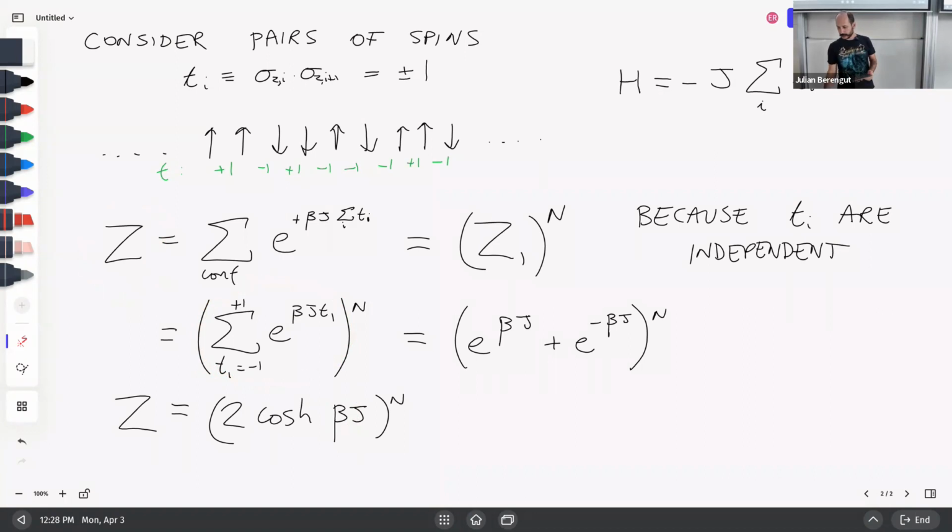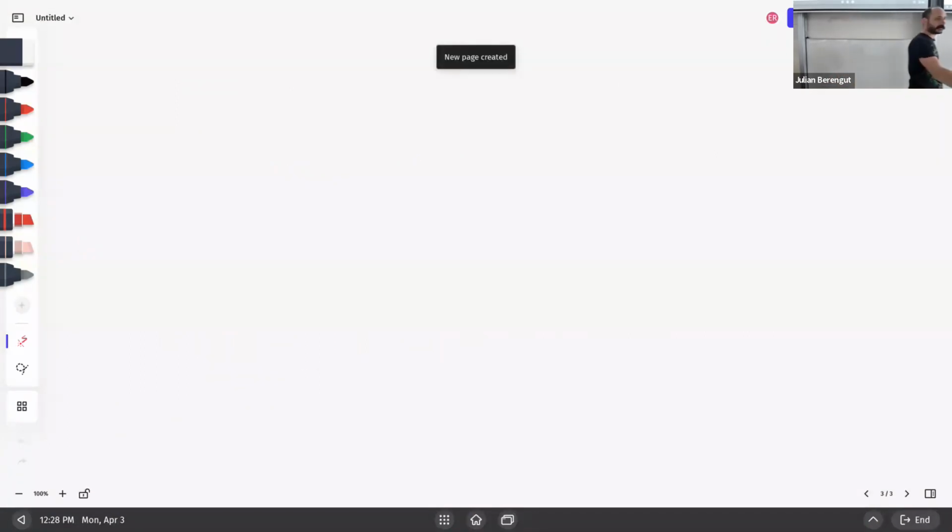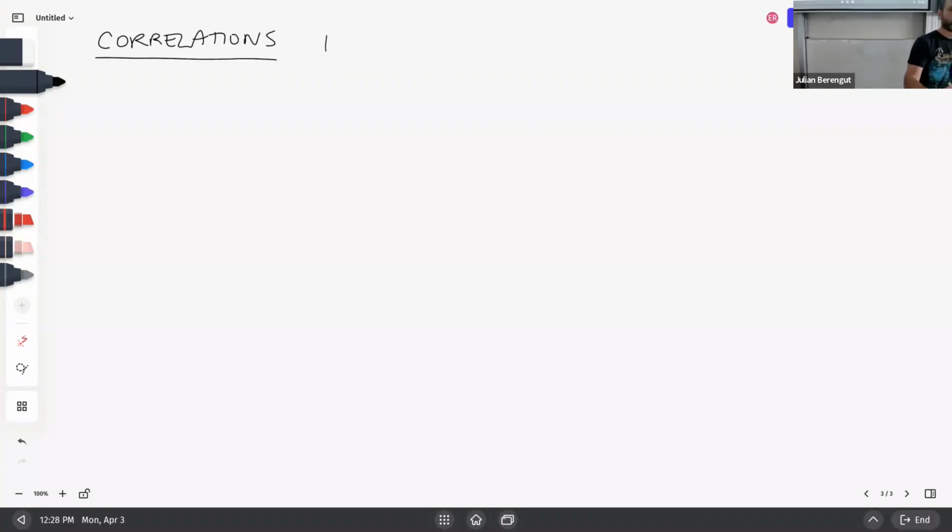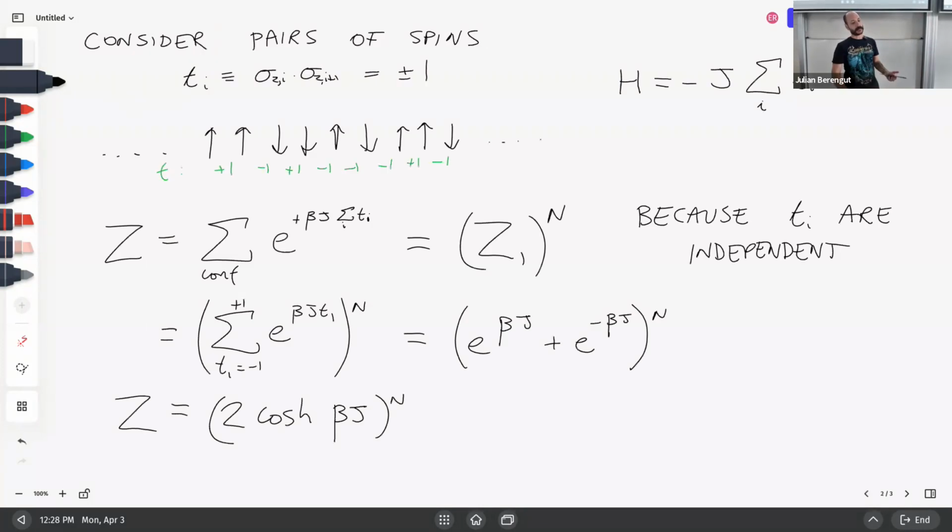So next, an interesting question that I might want to ask is about correlations between spins. I'll explain what I mean in one second. So, what's the average value of t for a particular system? You guys can all do this now, right? You've got the partition function.